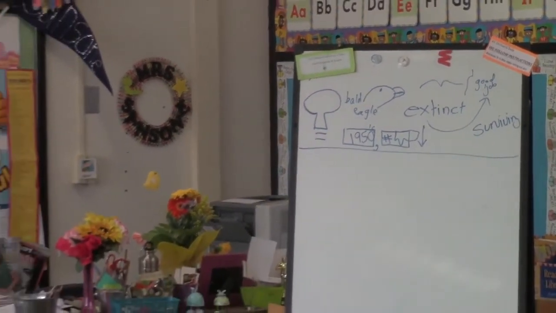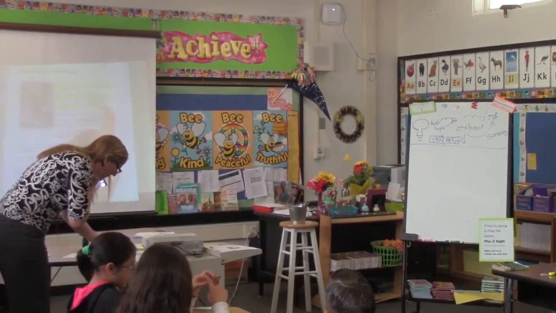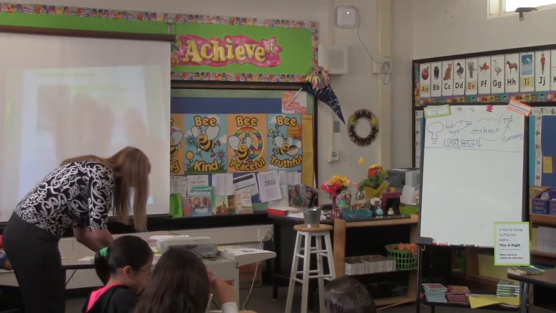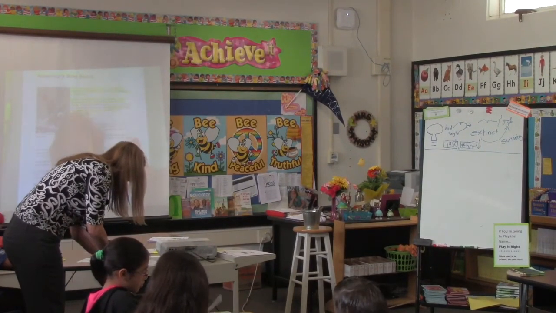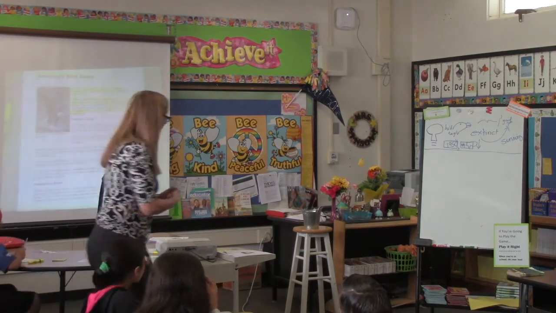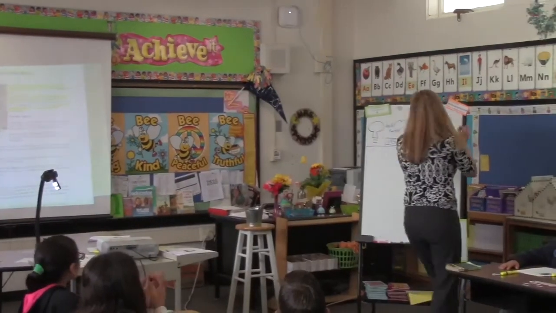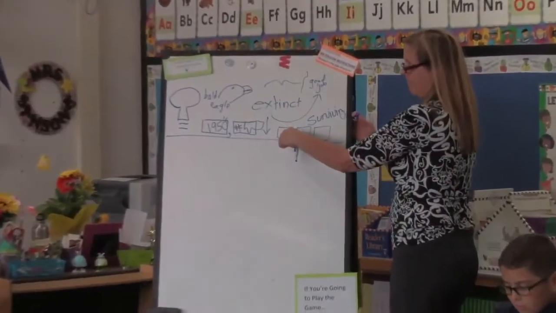Okay, let's go to the next one. Read the last line. Ready? By 2008, comma, however, comma, the bald eagle was no longer considered to be endangered. Oh my gosh, so there's three parts to that. What am I going to put in the first part? By what?